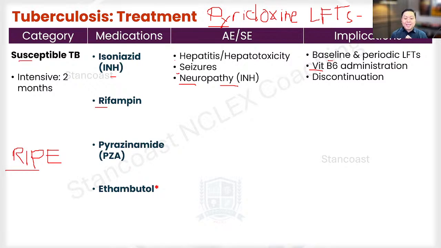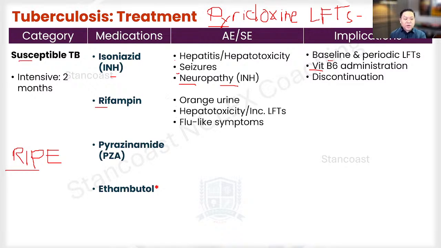So that can be the course of the therapy if they have hepatotoxicity. Again, first is to allow some healing for the liver and then resume the anti-tubercular therapy with less effect on the liver.